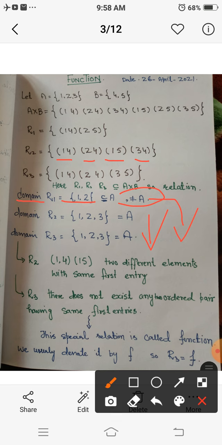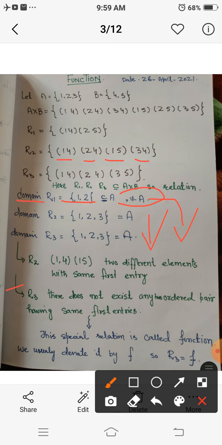But in R3, there do not exist any two ordered pairs having the same first entry. But in R2 there exist at least two ordered pairs having the same first entry.